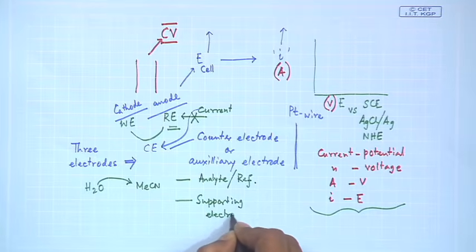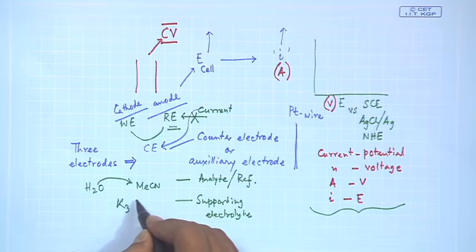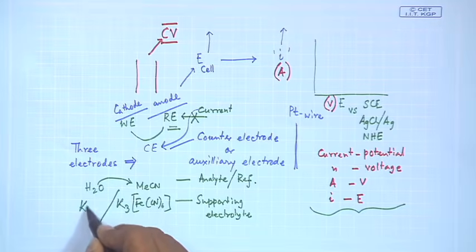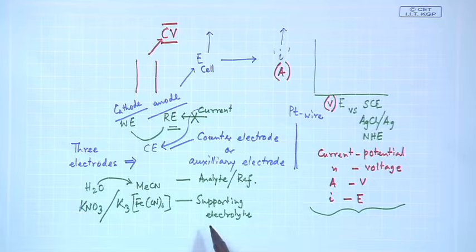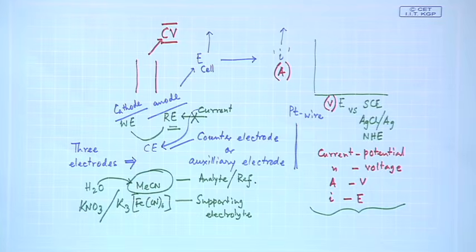Since it was K3[Fe(CN)6], and we all know this is soluble in water because it is a potassium salt, and the supporting electrolyte is KNO3, what synthetic manipulation can you think of to get similar compounds soluble in your non-aqueous medium, acetonitrile?